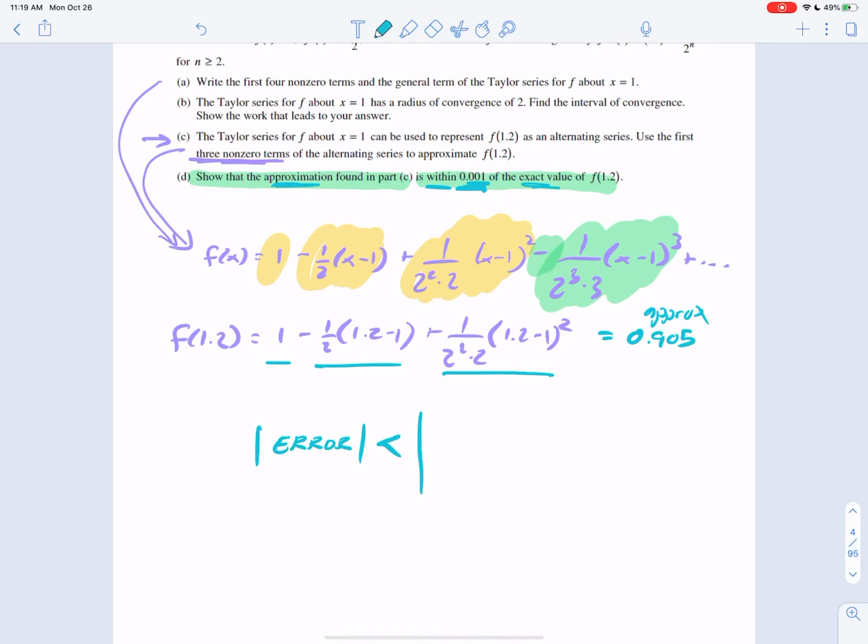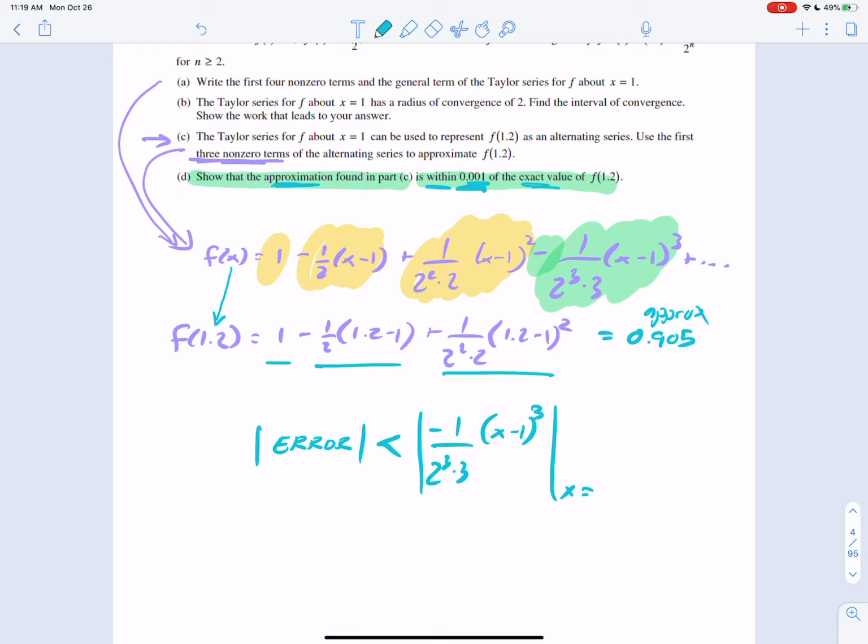Okay, so here we go. It's going to be the absolute value of negative 1 over 2 to the third times 3, (x minus 1) cubed, evaluated at, okay, so it's not really intuitive, but it's written a little bit different here.